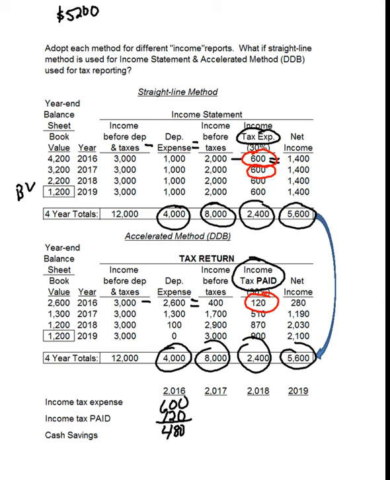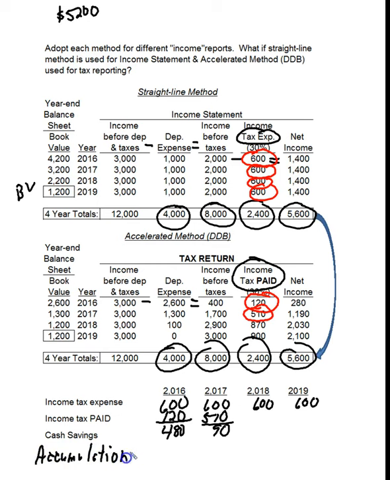Year two, again, our expense is $600, and we're going to see that to be the case all along. Income tax expense will be the same each year. What's going to differ is how much we write our check for to the IRS. So in year two, we write a check for $510. Again, I have cash savings of $90. Let's accumulate these savings.